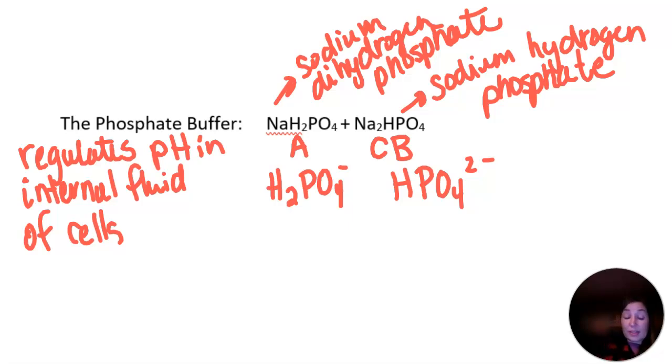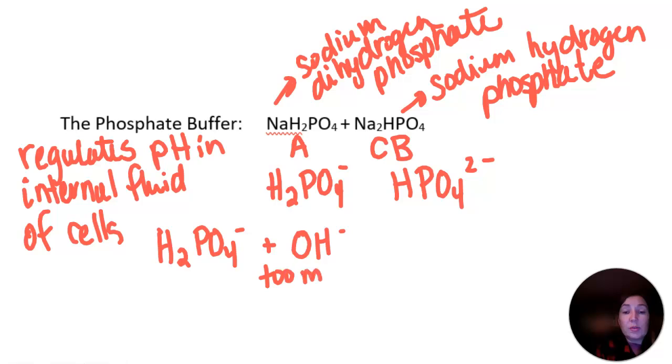So how does this deal with excess acid or base? Well, let's first react the acid, H2PO4 minus. How does it deal with an excess of base? What if there's too much base, too much OH or hydroxide?